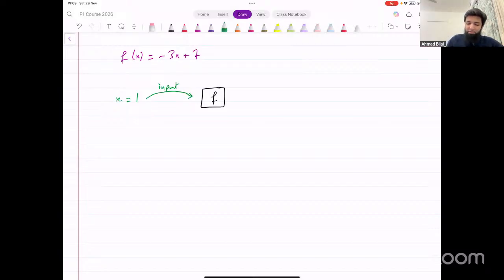Once it applies these operations, it gives you an output. And that output is the y value that you get from the function, which in this case is going to be 4. So that's how a function generally works. It takes something as an input, it applies some operations on it. In this case, it's multiplying by -3 and adding 7 to it. And then it gives you an output. Okay, that's how a function works.